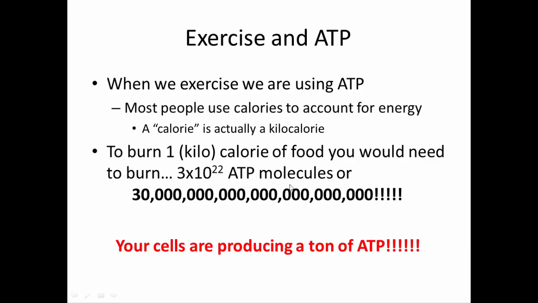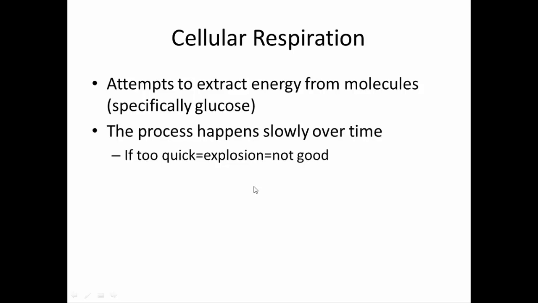So just to burn 1 kilocalorie of food, you need to burn a huge number of ATP molecules, which is probably one reason why we don't actually use ATP to account for energy. The big idea is that your cells are producing a ton of ATP, more than you could possibly imagine, and you can imagine that we're burning an insane amount of ATP while we're exercising as well.